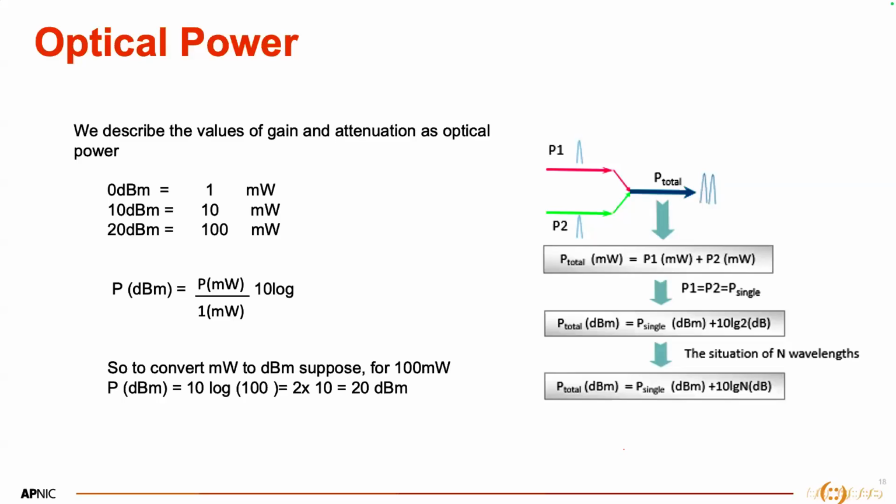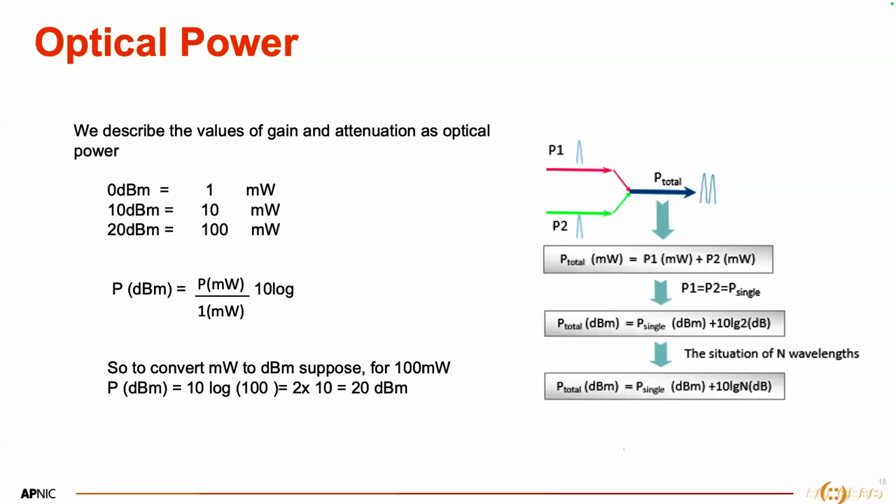Now, if you are running a system with 10 lambdas, in that case, the total power of your lambdas which are passing from the mux unit and trying to reach the next destination is equal to the power of a single lambda plus 10 log the number of lambdas.